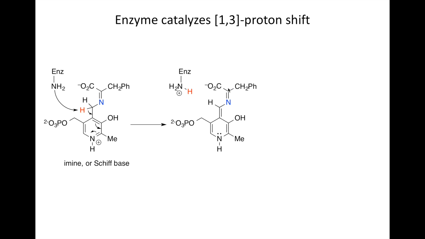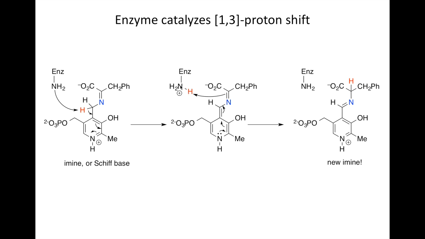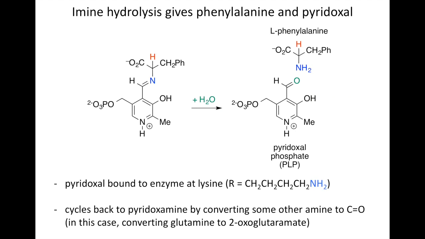Is this reversible? It is reversible, but I can now put that proton back either here, or I can put it back on a different carbon. As we hydrolyze that imine, again remember, imines plus water go to amines and ketones. That gives us new products, right?